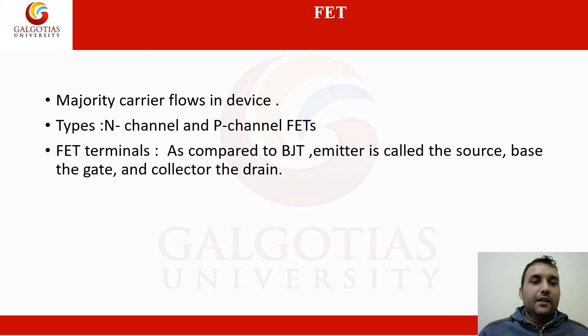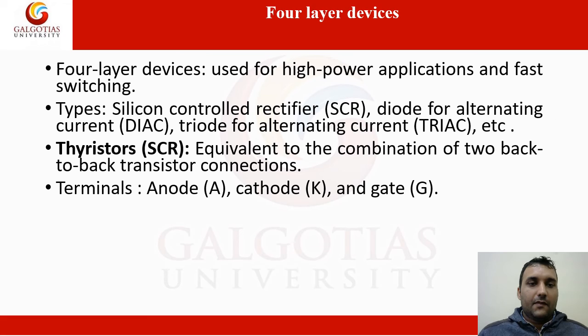Next is the FET. The majority carriers flow in this device. There are N channel and P channel types. The FET terminals, as compared to the BJT, are that the emitter is called the source, the base is the gate, and the collector is the drain. The four-layer devices are used for high power applications and fast switching.